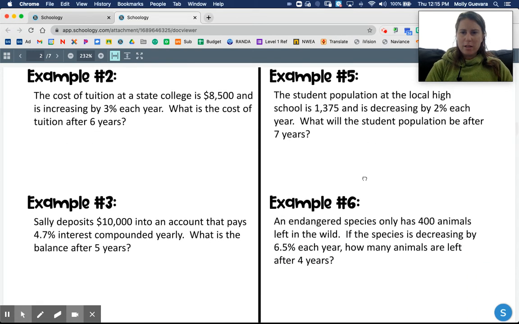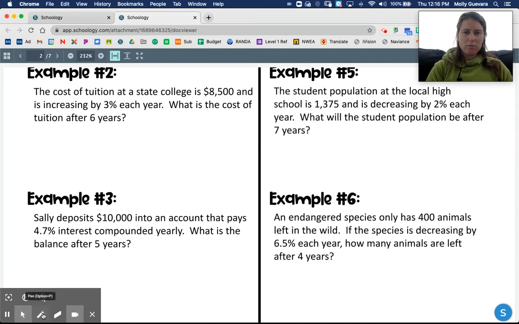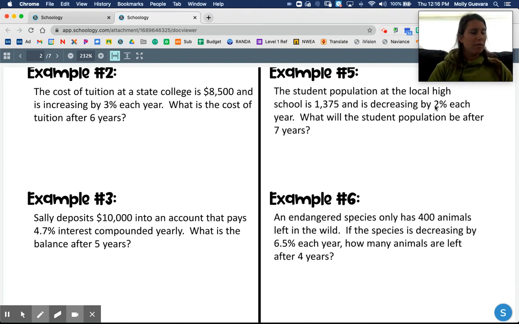Example 5. A student population in a local high school is 1375 and is decreasing. That's interesting. That doesn't happen very often. It's decreasing by 2% each year. What will the student population be after 7 years? So let's write the equation. F of x is equal to my initial amount, which is 1375.